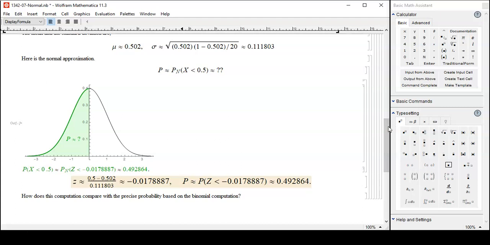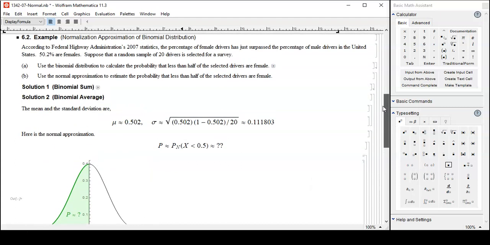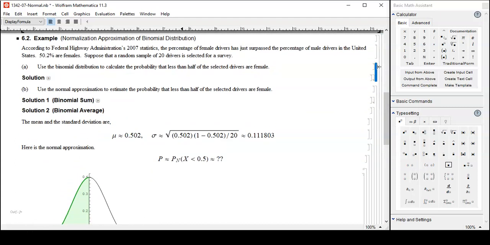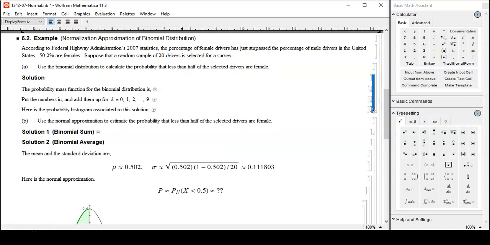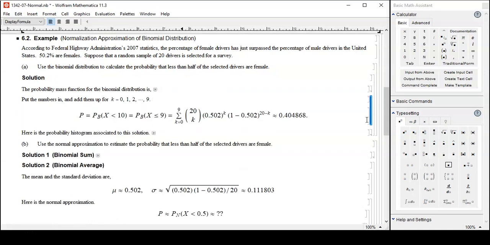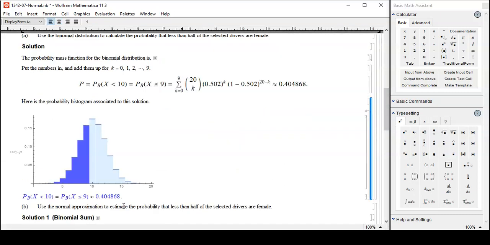But then again, there's a bit of a problem here. Let's go back to this. This is a computation we did. Oh, I forgot, this is a probability histogram associated to this computation, by the way. Okay, the dark part is the part that I added, and the light part is not added.